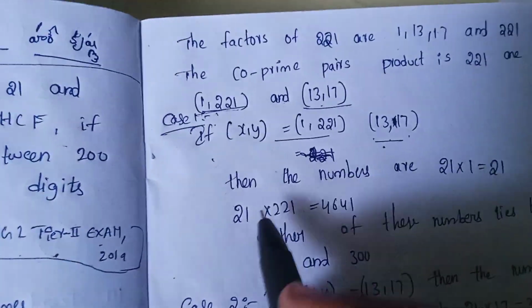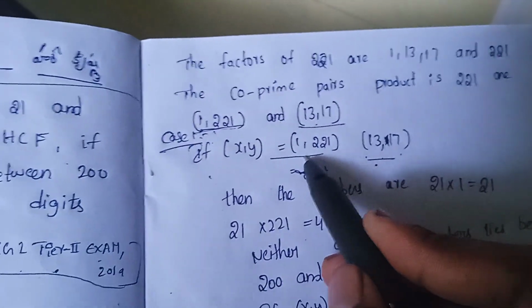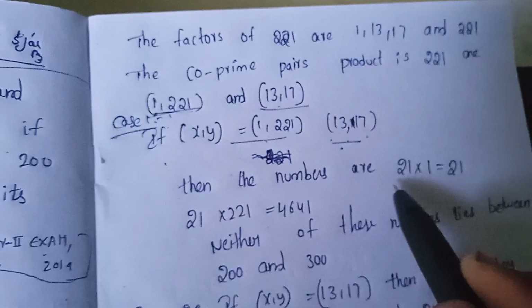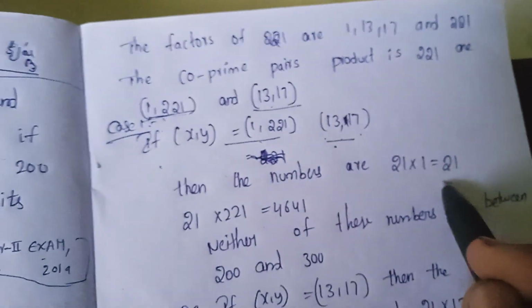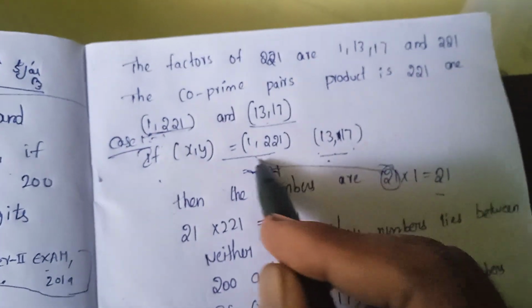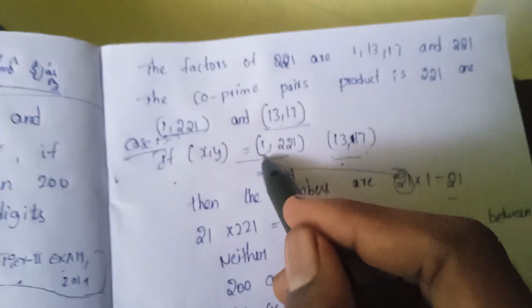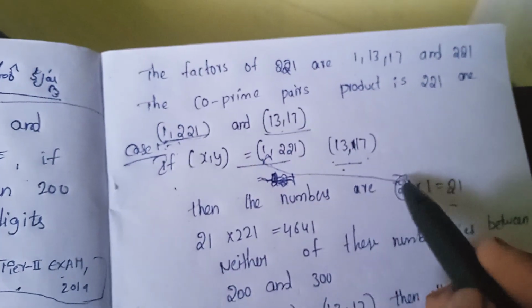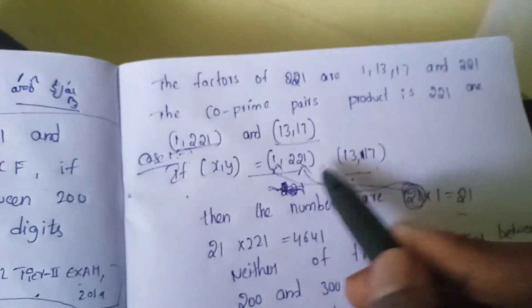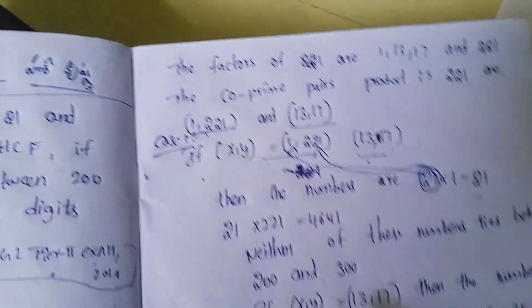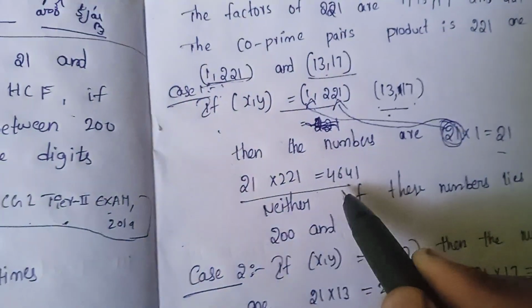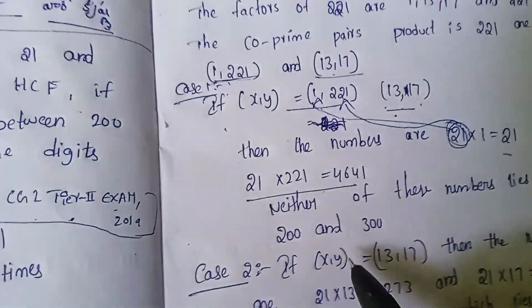In case 1 the numbers are 1 and 221, so the numbers are 221 times 1 and 221 times 221. Here 221 is multiplied with 1, and then 221 is multiplied with 221. So 221 times 221 gives 4641.